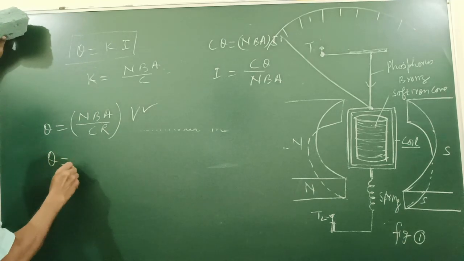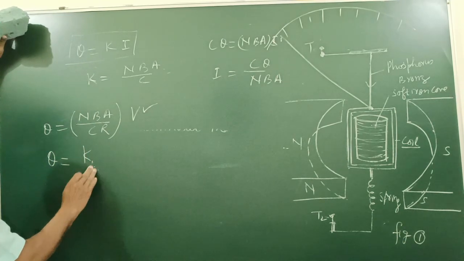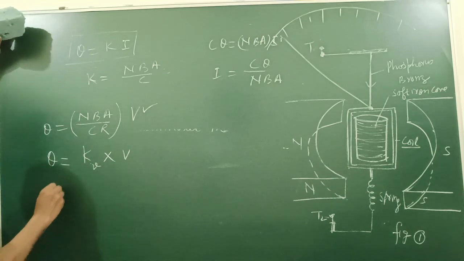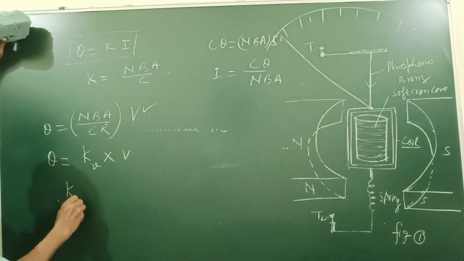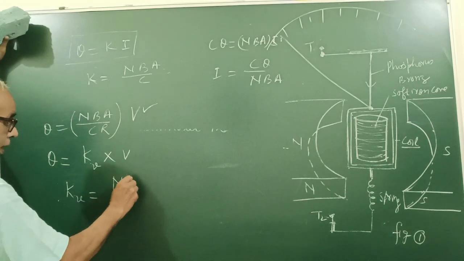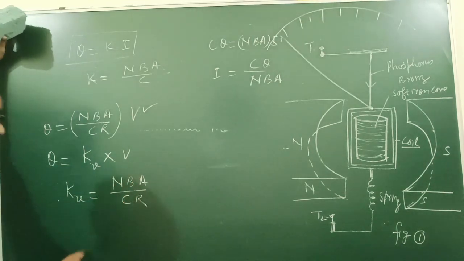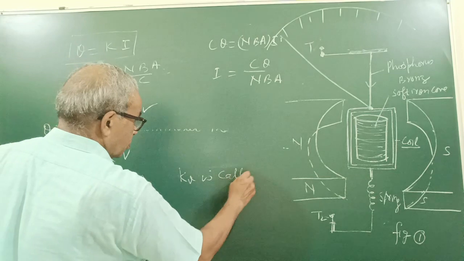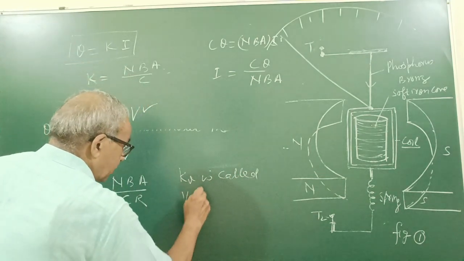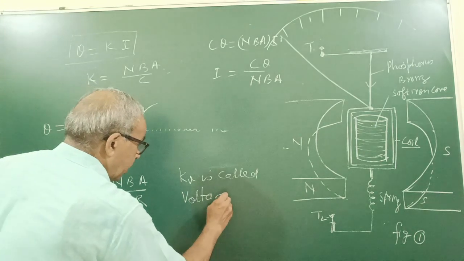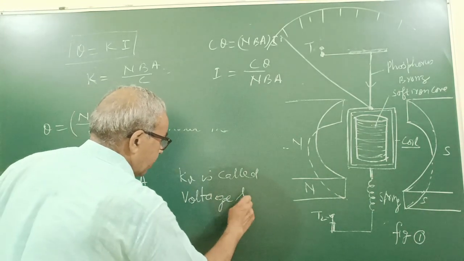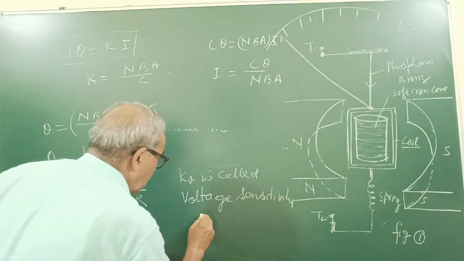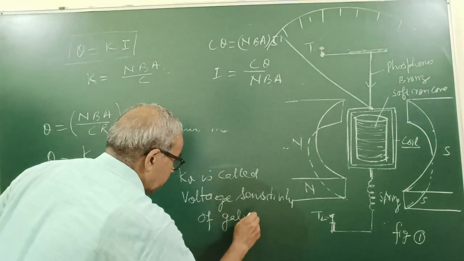So here we can write theta equal to K_V into V. Here K_V equal to NBA upon CR, and K_V is called voltage sensitivity of galvanometer.